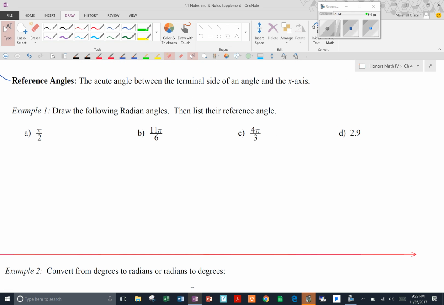All right, so then we have a few more where we're drawing angles that are in radian measure. So we have pi over 2 here. Here's my initial side, pi over 2 is right there. So I'll just draw it opening up like that. There's pi over 2. Okay, there's no reference angle there.